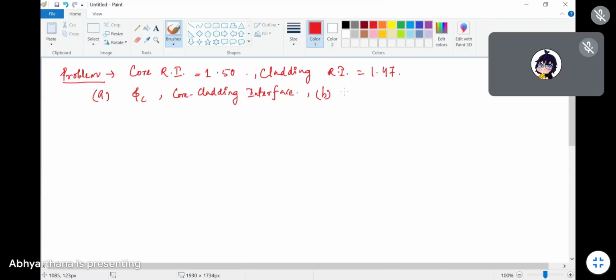The second one is the numerical aperture of the fiber. Then the third one is the acceptance angle in air for the fiber.